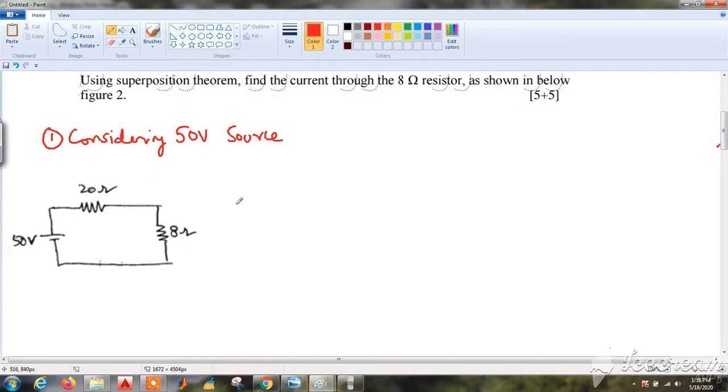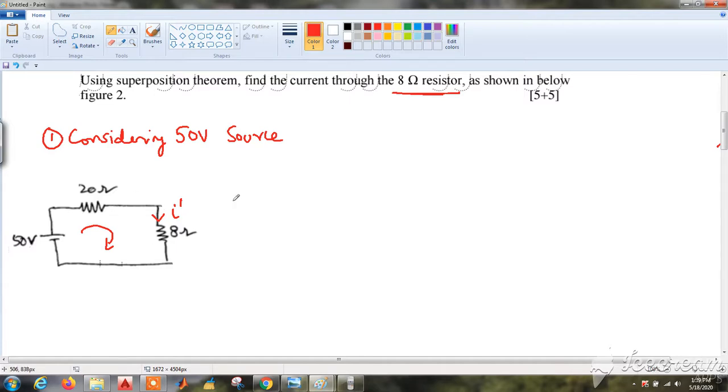Now let us find the current. As I already said, we have to find the current in the 8 ohm resistor, and first I will consider it as I dash. From this circuit we can easily find I dash. This is only one loop, so only one current flows. Let the current be I dash, flowing in this loop.